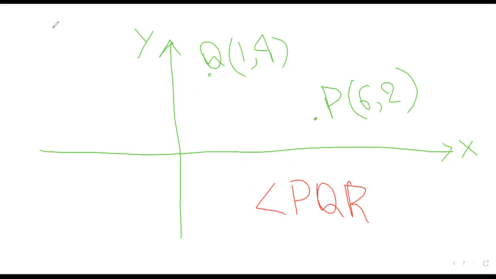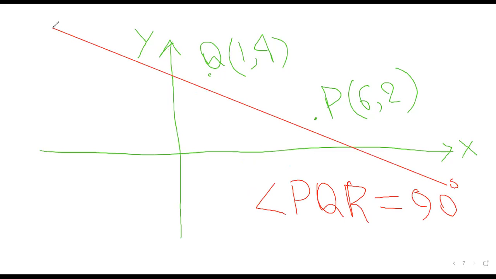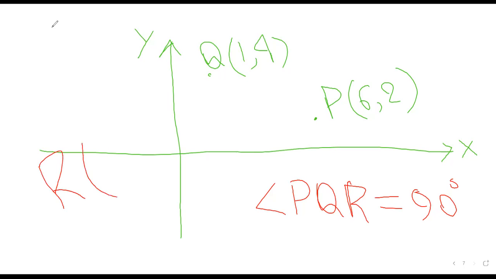What I mean to say is that it is equal to a right angle, 90 degrees. So what we are looking for is the third vertex, the third one, R. We are looking for the coordinates of the vertex R, the third one.